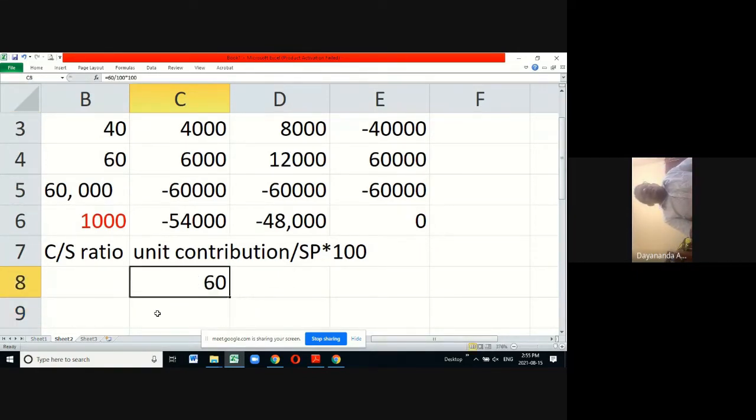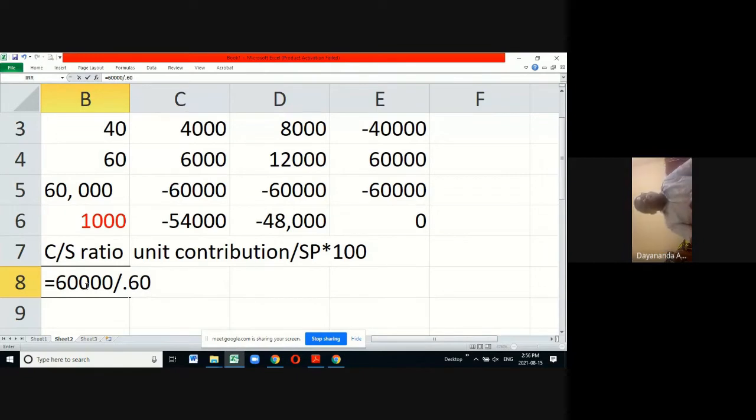So if you want to calculate the break-even in rupees, how do you do it? Fixed cost, that is 60,000, divided by 60%. 60% is 0.6. So you have to have 100,000 in sales to get the break-even.